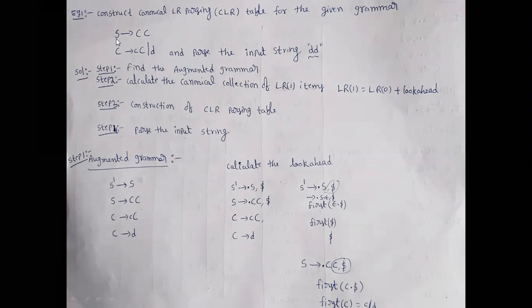Capital S. So we add the production S' produces S. That is the first production we add, so the augmented grammar has S dash produces capital S, added to the given grammar.